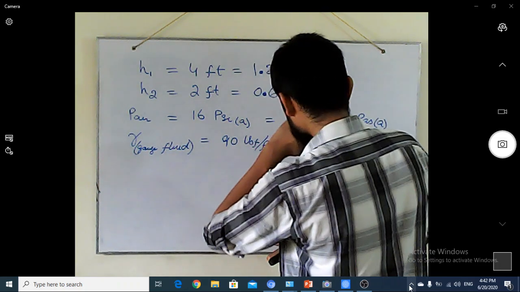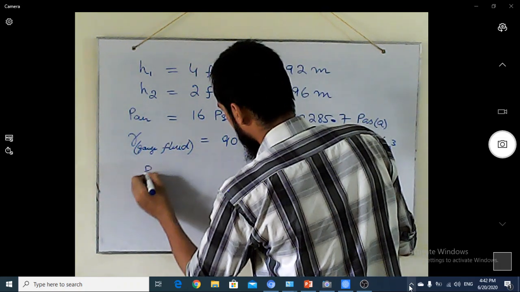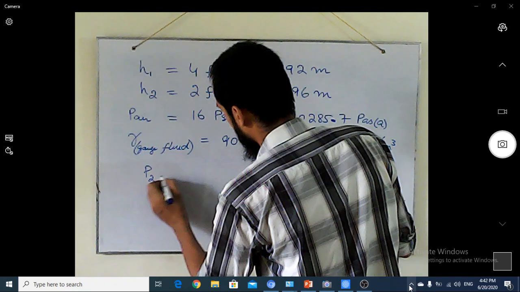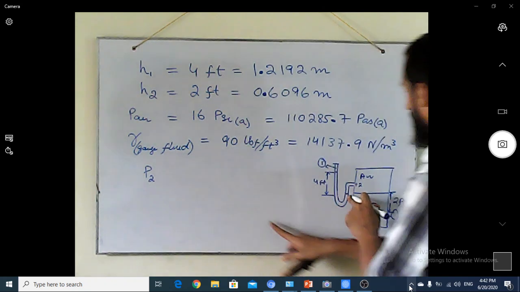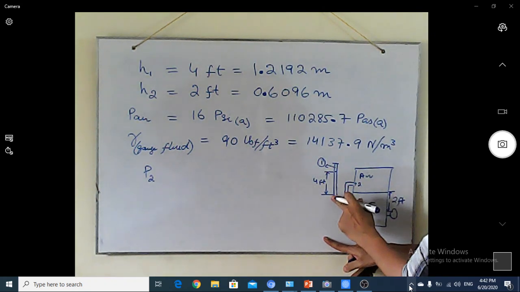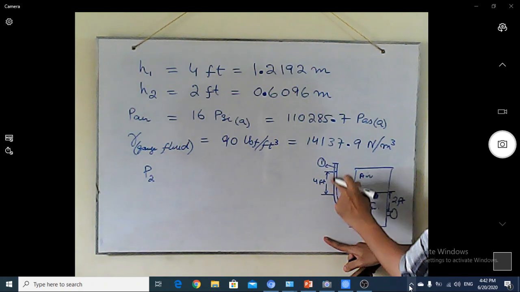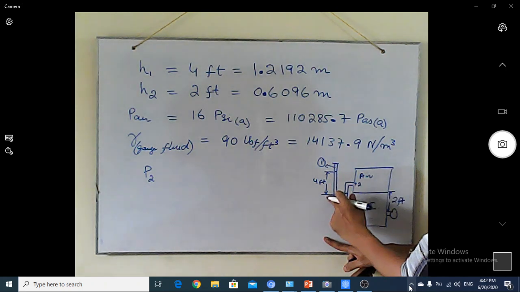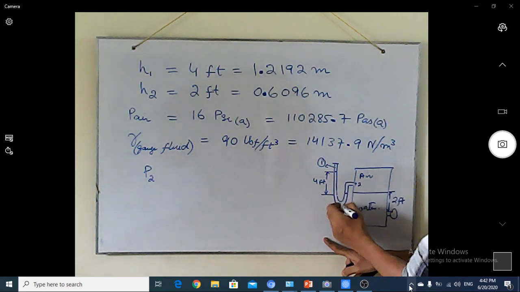Firstly I include the pressure at point 2, and you can see that in response to this pressure, this height is covered by the gauge fluid.